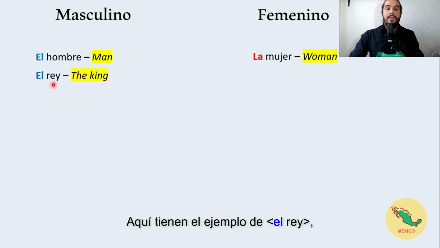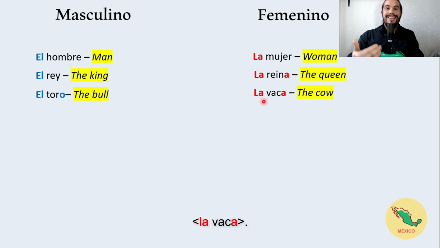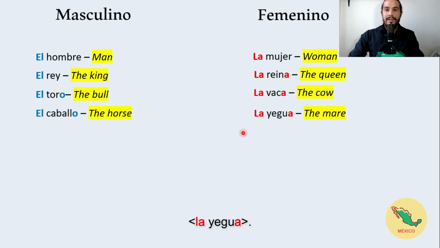Then you have, for example, el rey, the king, and the feminine one is la reina. El toro, la vaca. El caballo, la yegua. El actor.